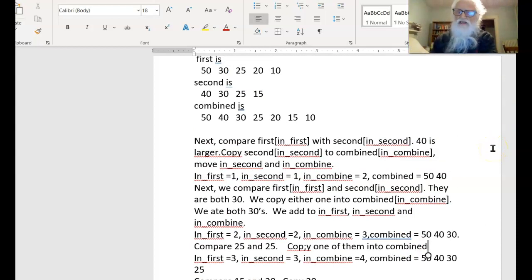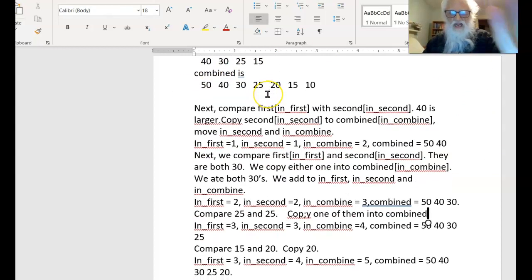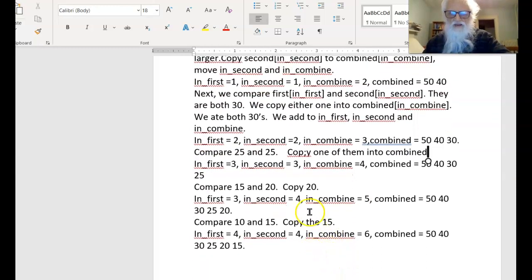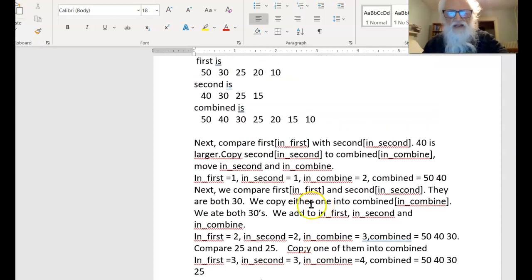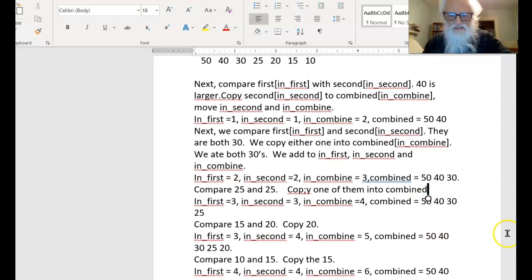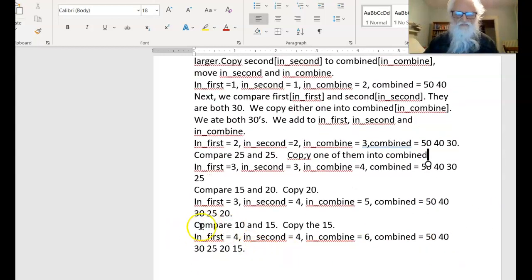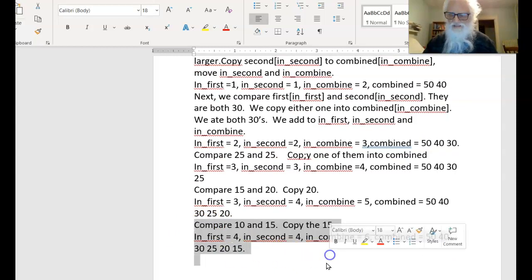So there's more in it. But let's look at second. Second is 0, 1, 2, 3. But now, in second, I copied the 15. I made a mistake. Right here, I made my first mistake. Not the last, never is.